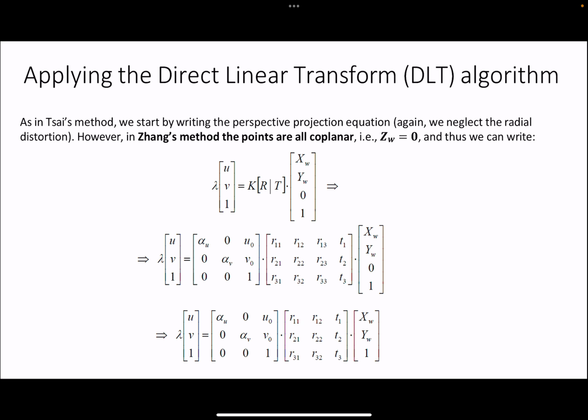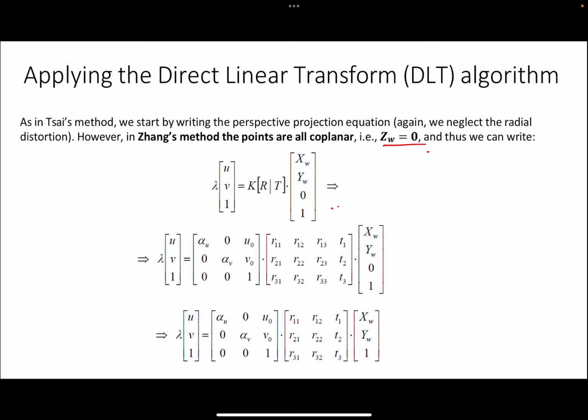And as I said, the basic strategy is almost the same. As in Tsai's method, we start by writing the perspective projection equation. Again, we neglect the radial distortion. In Zhang's method, the points are all coplanar, right? We only use a plane-shaped checkerboard. So Z_W, the Z coordinate in the world coordinate system, could be 0, and thus we can rewrite it like this.